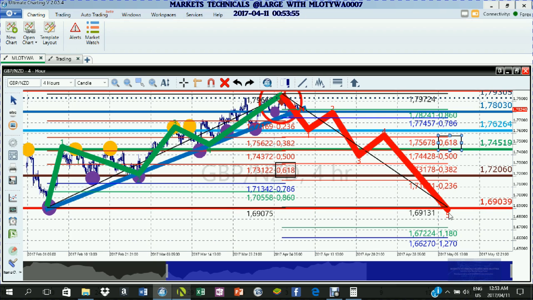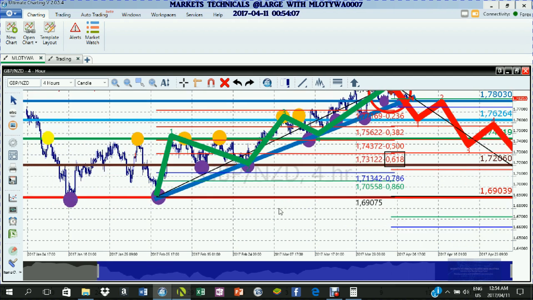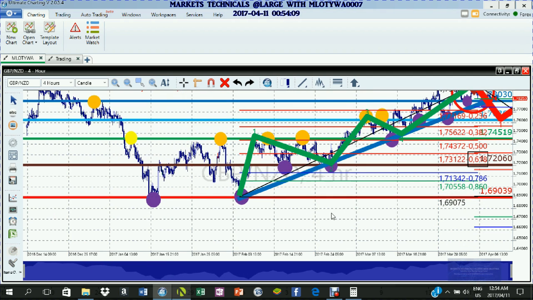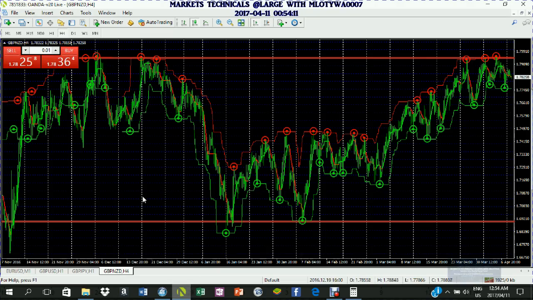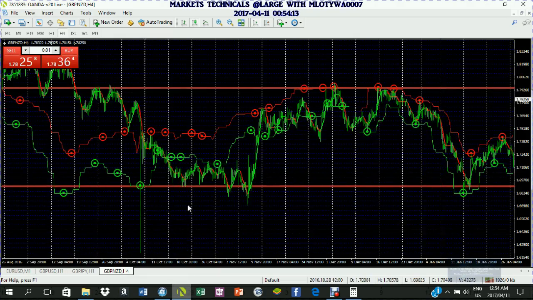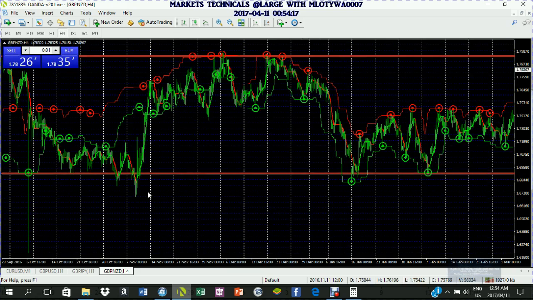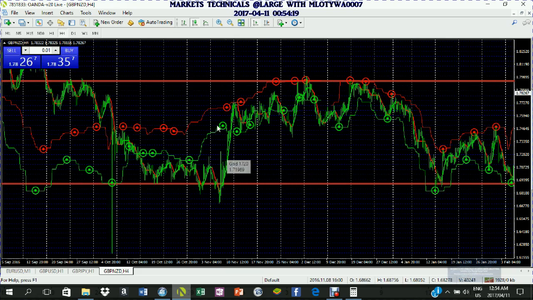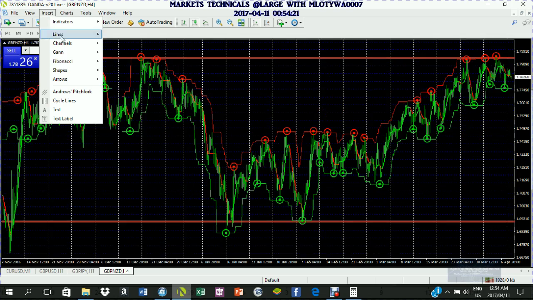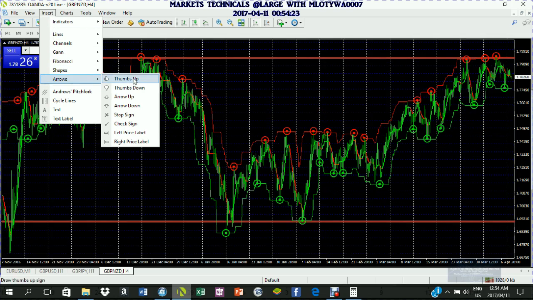So from this point, we will expect either a change in the trend or a breakthrough, depending on the Elliott wave of the larger scale, because we also have the larger scale. Now looking at the larger scale, guys, just want to show you something.